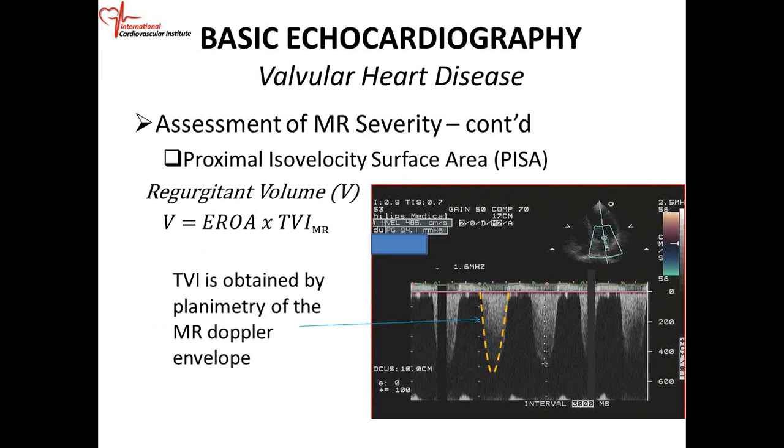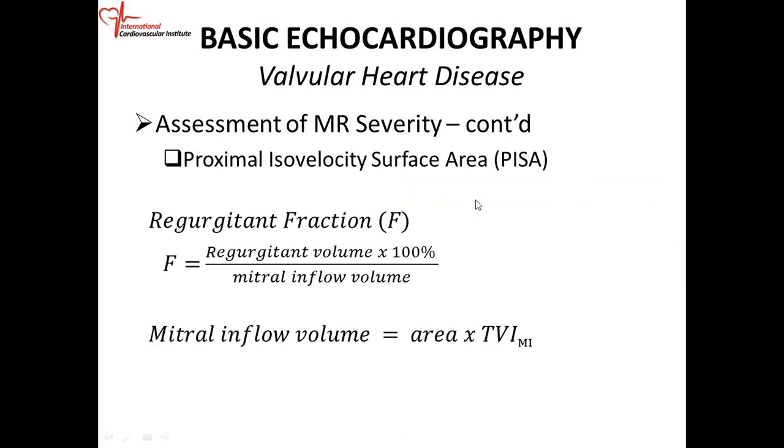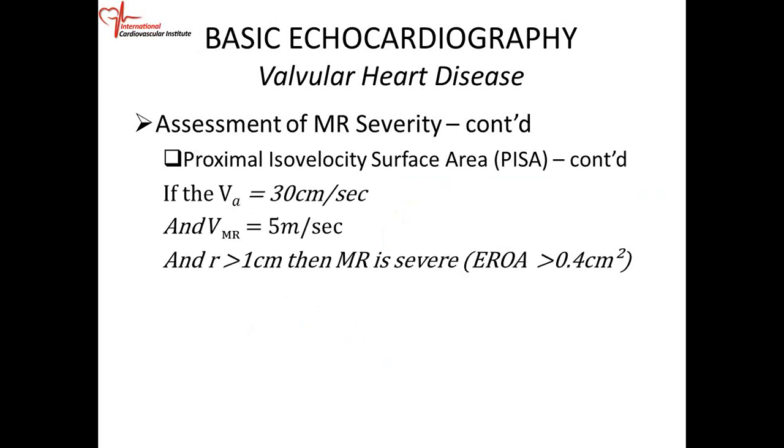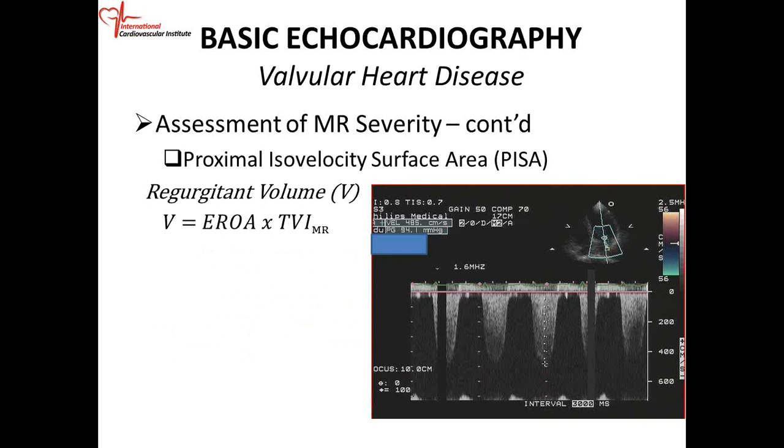So the area that we're talking about is the EROA. That's the area through which the regurgitation is occurring, and then you get the TVI.